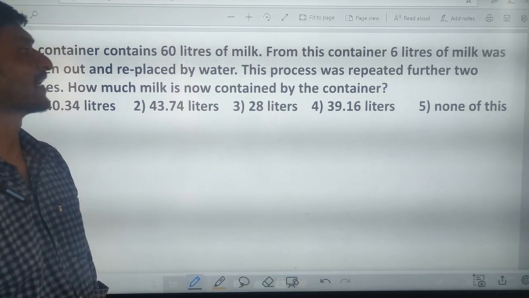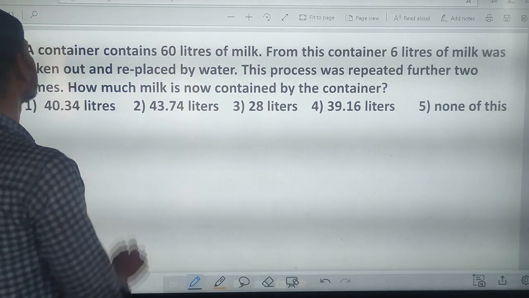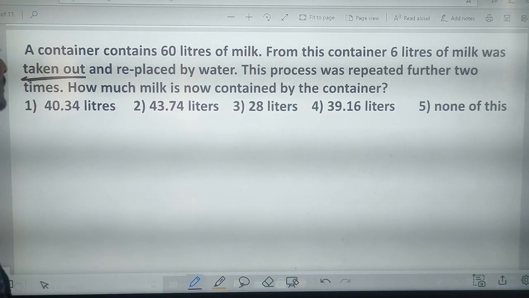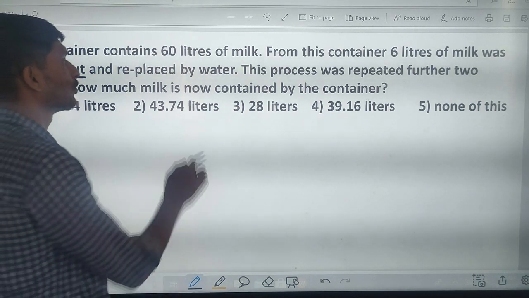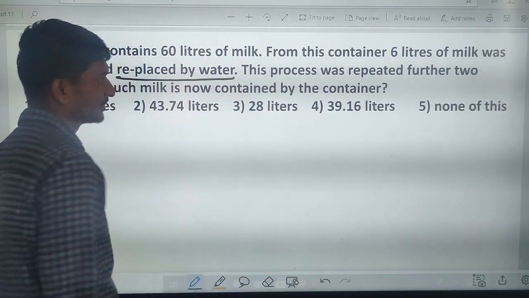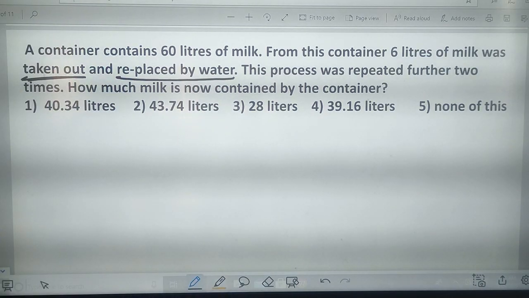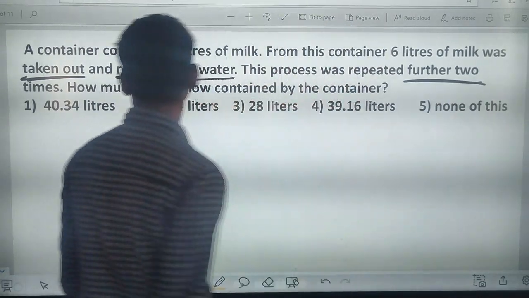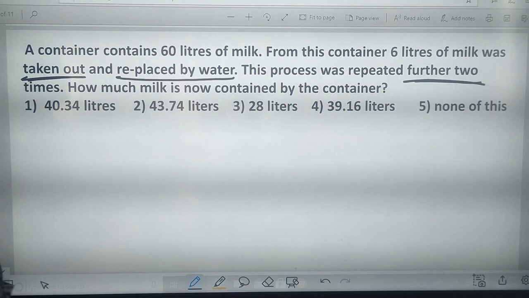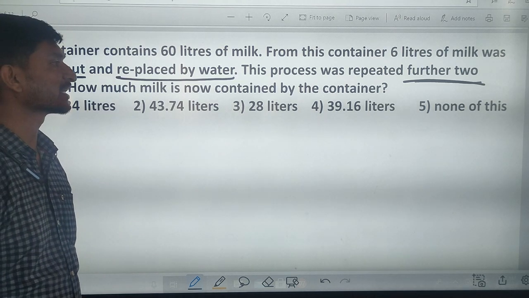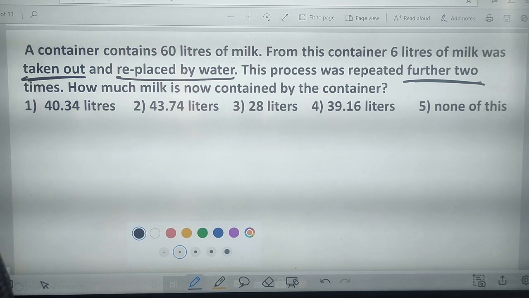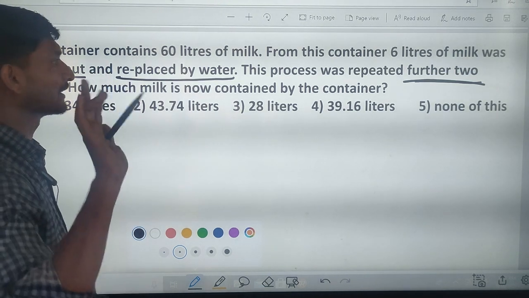From this container 6 liters of milk was taken out and replaced by water. This process repeated further 2 times. How much milk is now contained by the container? This process is done 3 times.